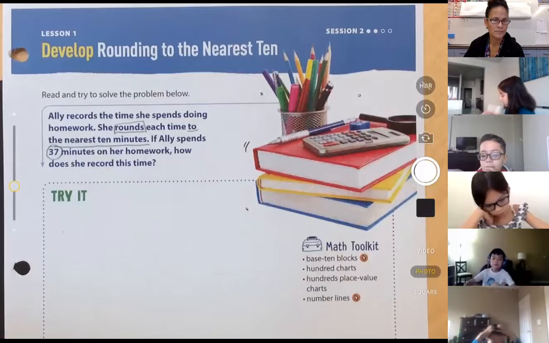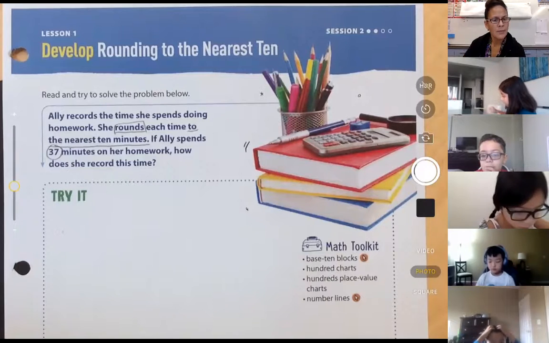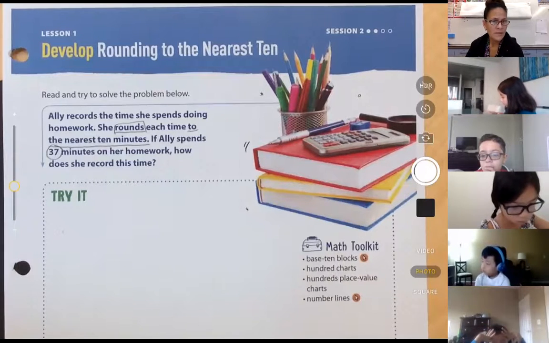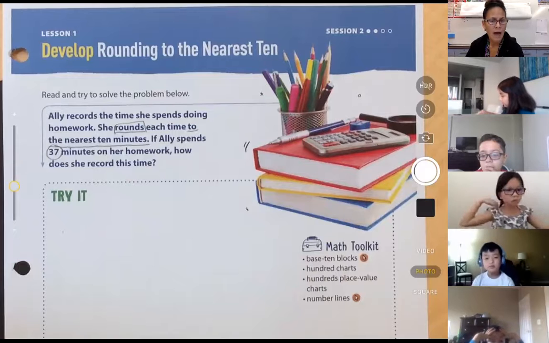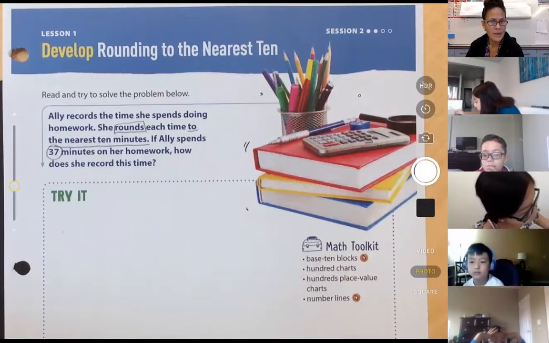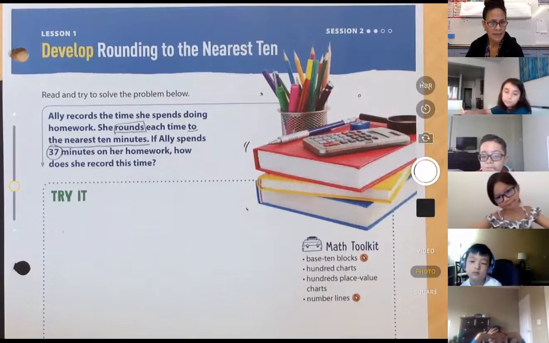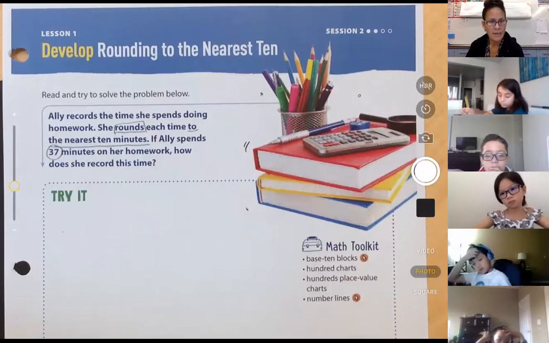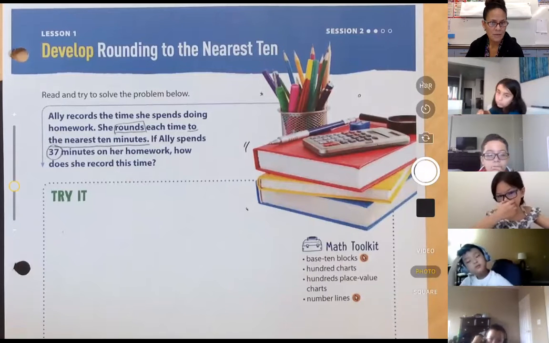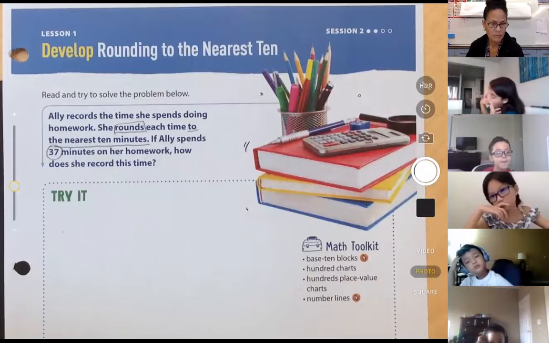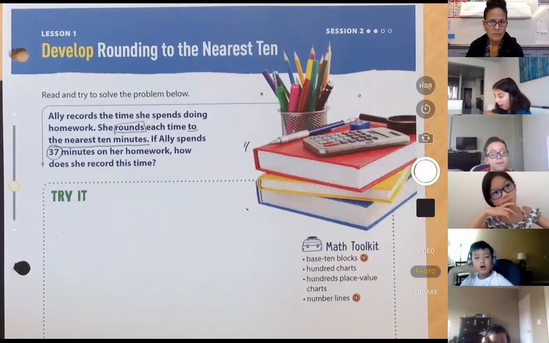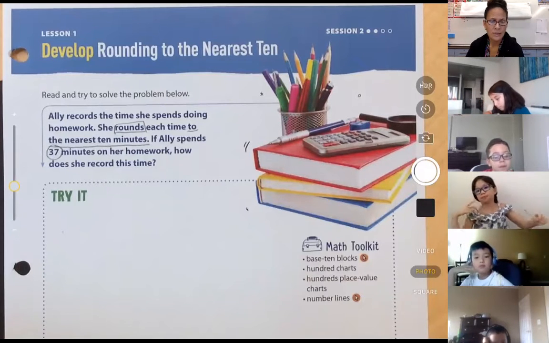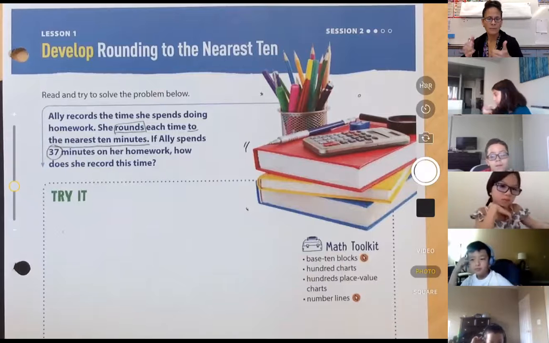So I can see by the marks I've made on this question that I need to round 37 to the nearest 10. That's what this is asking me. That's it. That's all I need to do. Thumbs up if you can see that.